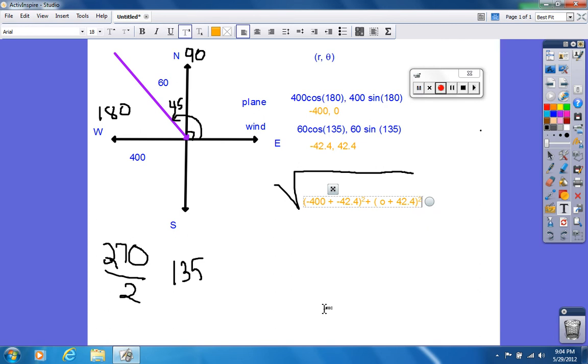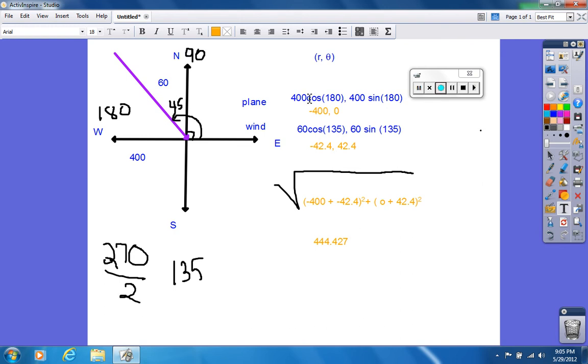And when I type it in my calculator, 442.4 squared plus 42.4 squared, that gives me an answer of 444.427. This is the distance of the new vector, the sum of the vectors.